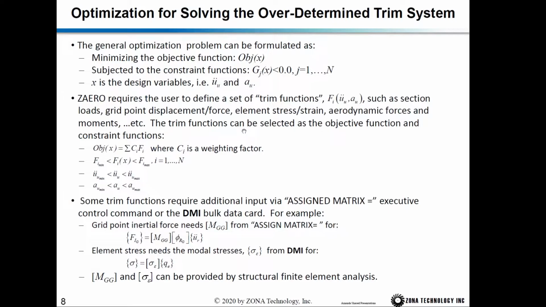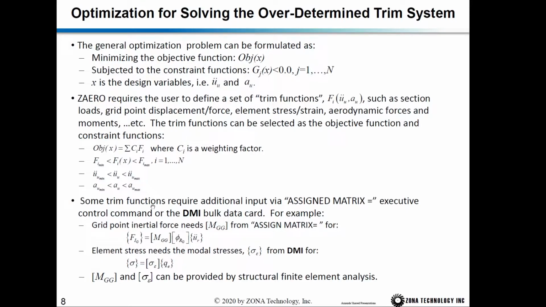The trim function can be selected as the objective function or constraint function. So you can define a trim function, then you can use the trim function to construct the optimization objective function, where C sub i is a weighting factor. And also you can impose the lower bound and upper bound on all the unknown trim degrees of freedom and the trim variables.